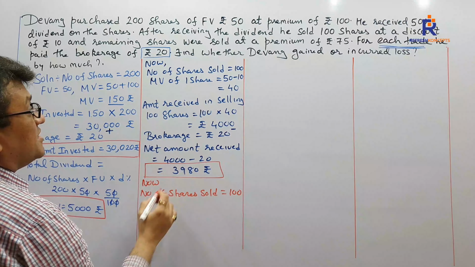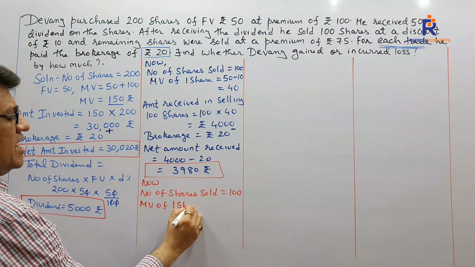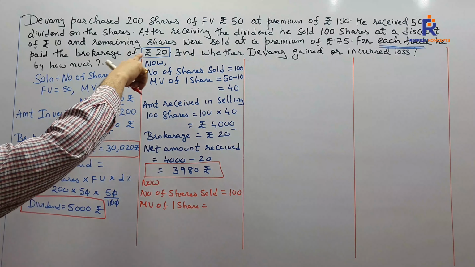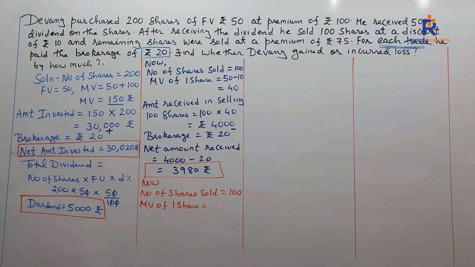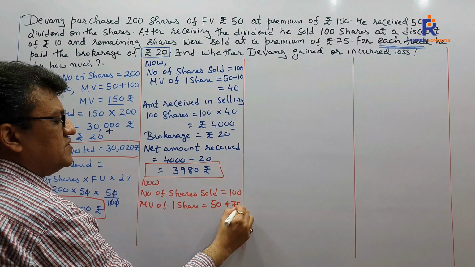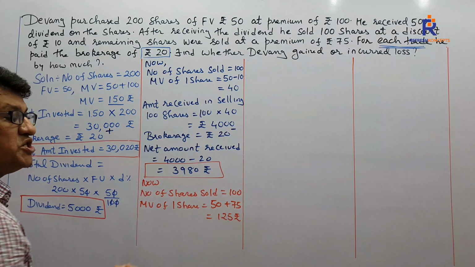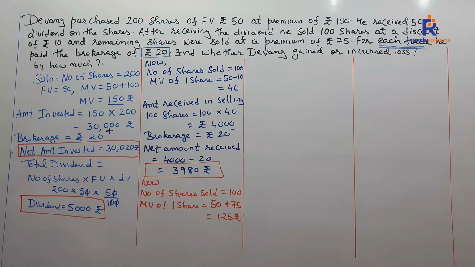But this time, the market value of one share, how much is that market value, children? Sold at a premium of 75. So 50 is the face value, 75 is the premium. So market value is 125 rupees. How many shares is he selling? 100.